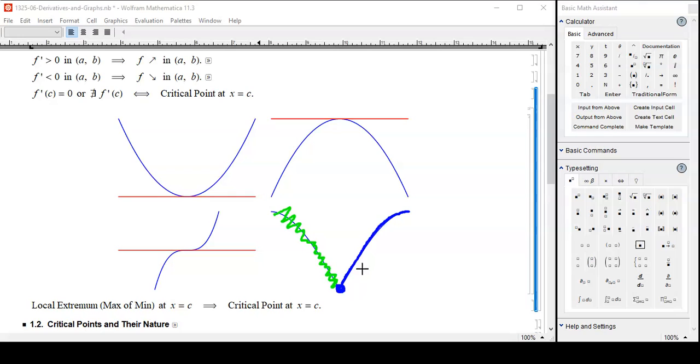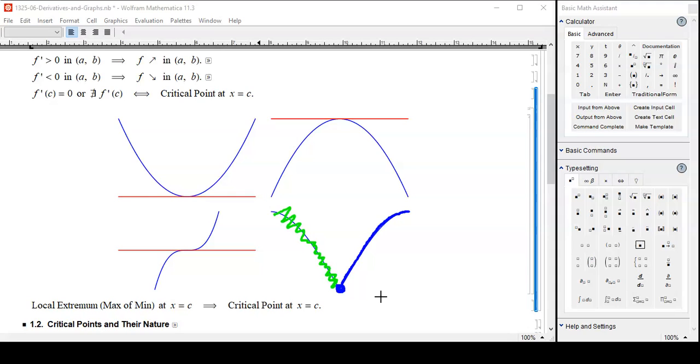Now the endpoint here, I don't have the derivative because I have slope only to the right-hand side. To the left-hand side, I don't have anything because I erased everything here. So the endpoint of an interval automatically becomes a critical point because there is no derivative there. But again, these kinds of situations are rather nasty, and I wouldn't worry too much about them.